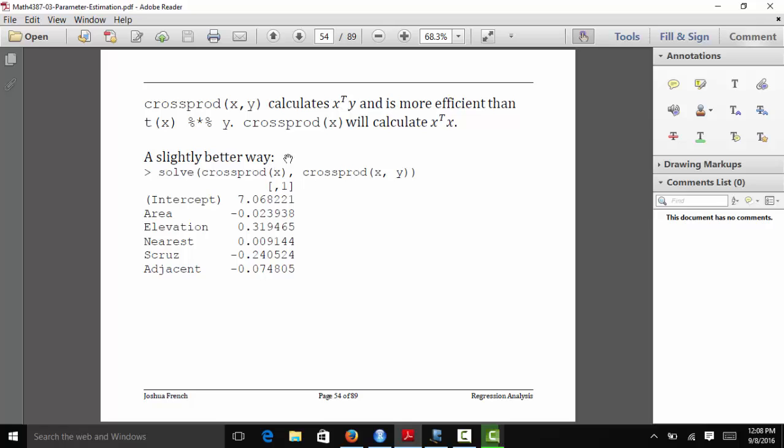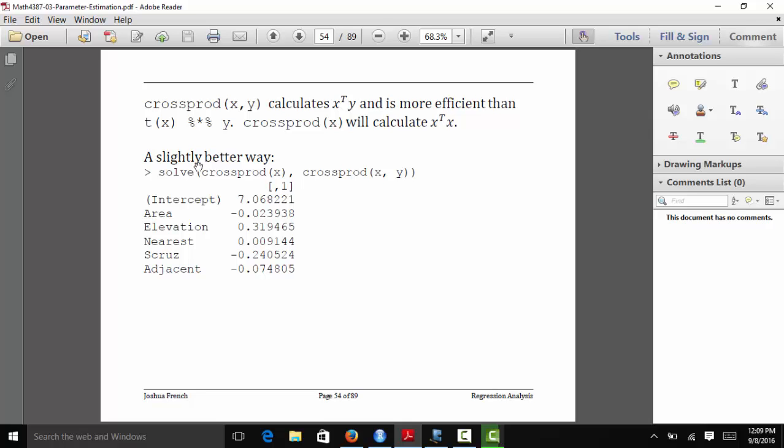If we want x transpose y, we can just do crossprod(x, y). We put those into the solve function, and we obtain the same results. And this is not going to seem any faster to you, but I promise you that it is actually faster under the hood. It's just that it's so fast that we can't see it with our eyes. But if we actually time these, then the second way would be slightly faster than the first.